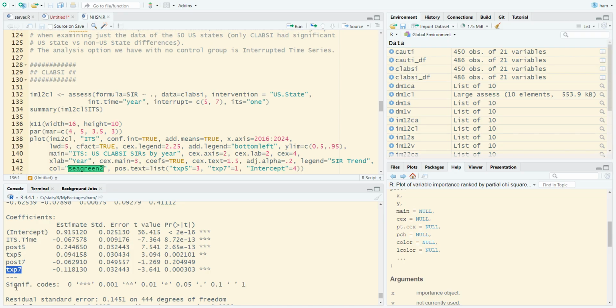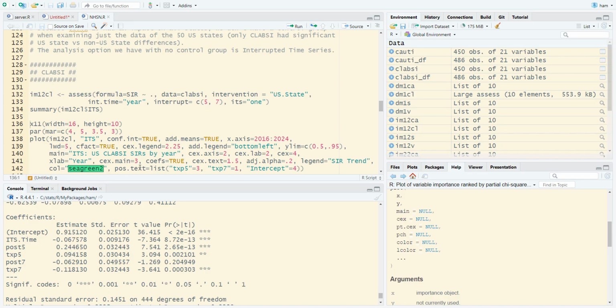We're just looking at a single group, so we don't have a true intervention, so there's no need to indicate an intervention group. I guess we don't really have a control group either. We have all. So just for brevity, we're going to use the coefficient names that don't have the I in them, so post 5 and TXP5 and so forth.